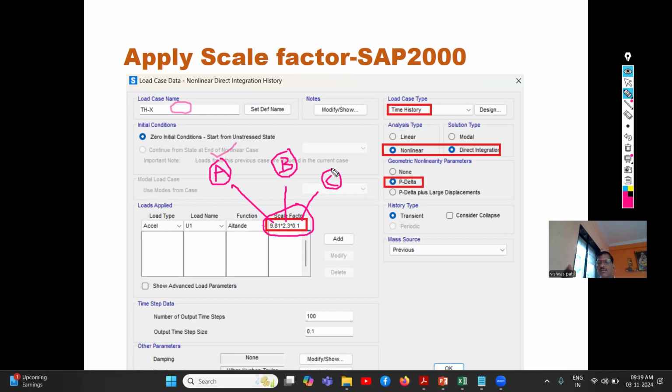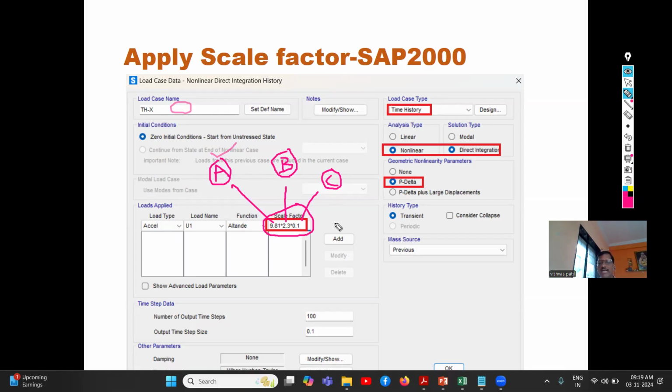Sometimes we can decide the steps as 20%, 40%, 60%, and so on. Suppose our step is 10%, 20%, 30%, just go on increasing. In the first step, it will be 0.1. That means seismic intensity is reduced to only 10%. Then apply it on the structure and note the maximum response.